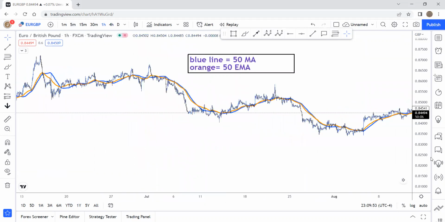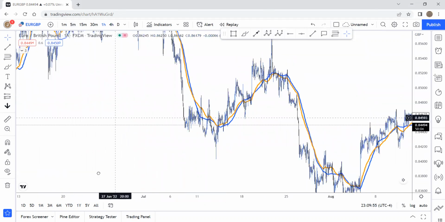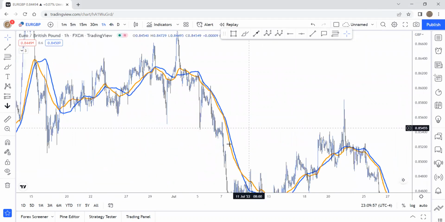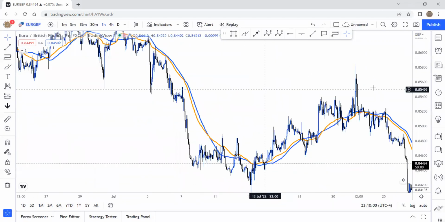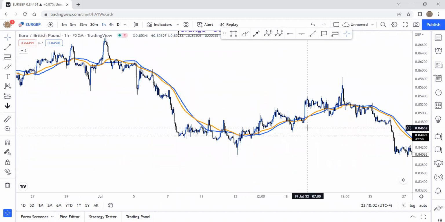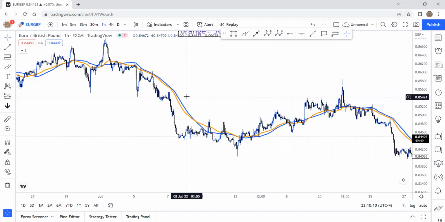We are on the 1 hour time frame. This is Euro GBP. So let's take a look of what I mean. Right, so as I mentioned, EMA is weighted more to recent price, right?